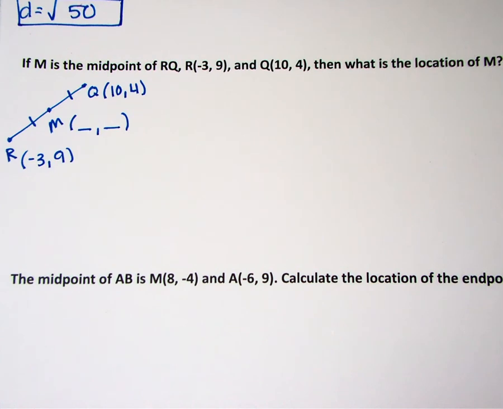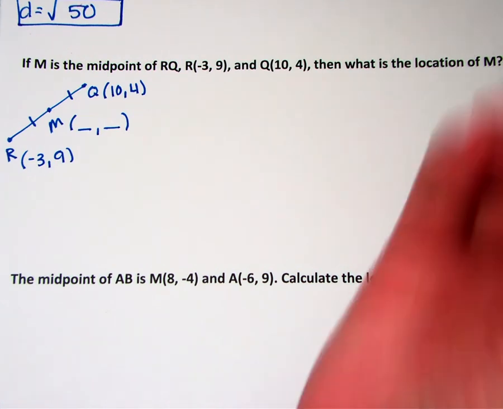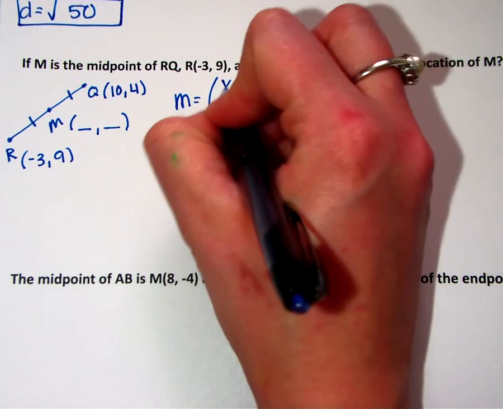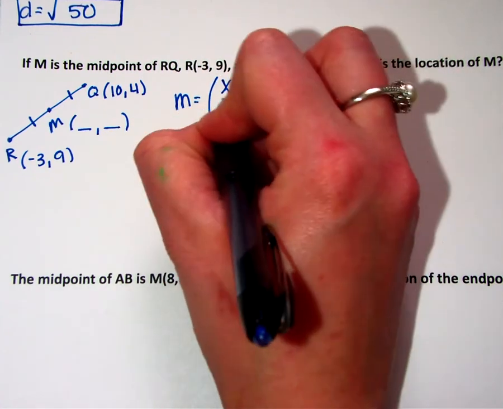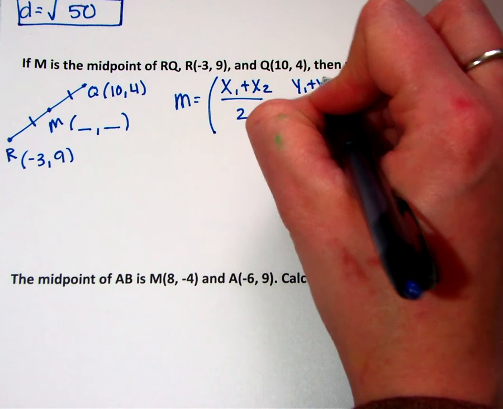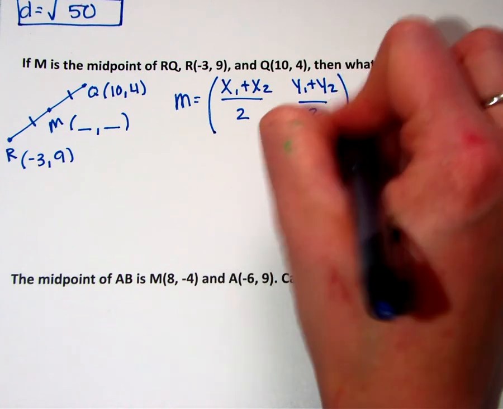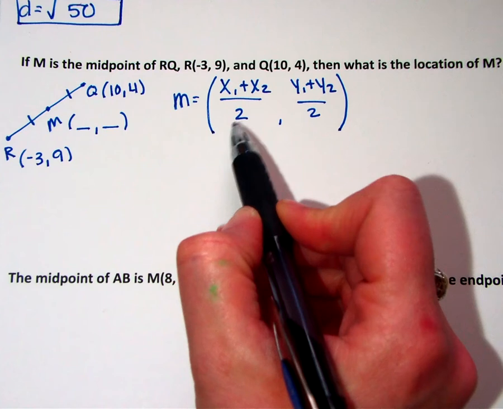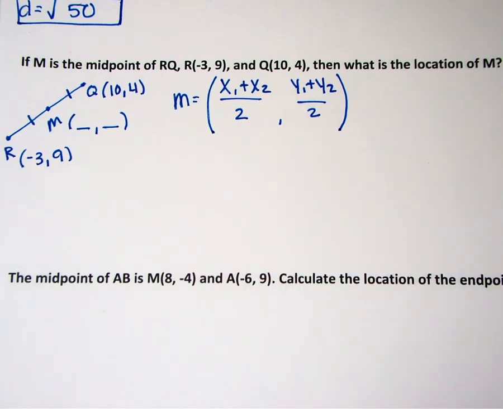In order to calculate this, we're going to use the midpoint formula. M equals, parenthesis, x sub 1 plus x sub 2 over 2, comma, y sub 1 plus y sub 2 over 2. What we're doing here is calculating the average. I'm adding two things together and dividing by 2. I'm averaging the x's and I'm averaging the y's.